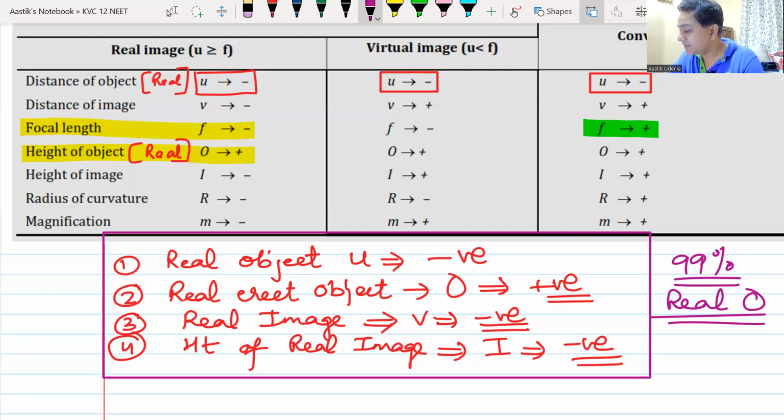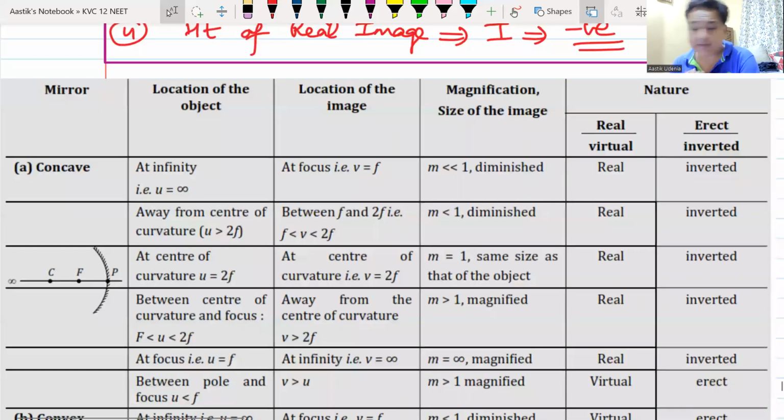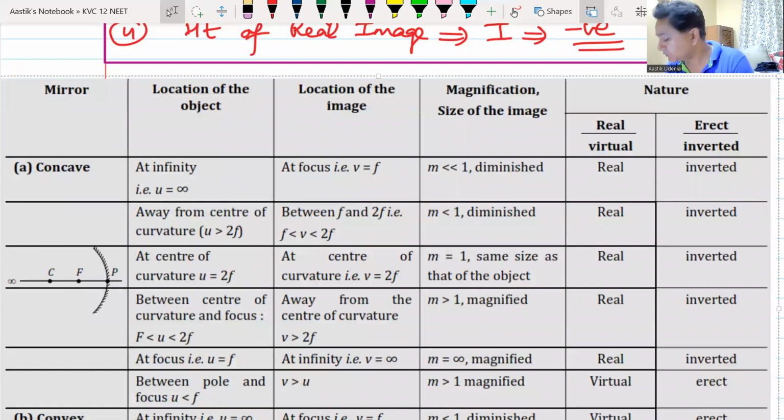You have done ray diagram in 10th standard, and in those ray diagrams you would have seen what happens when you place the object at different places. Yes or no? So you place the object at different places and you find out where the image is formed. Have you done this in your 10th standard? Yes or no?